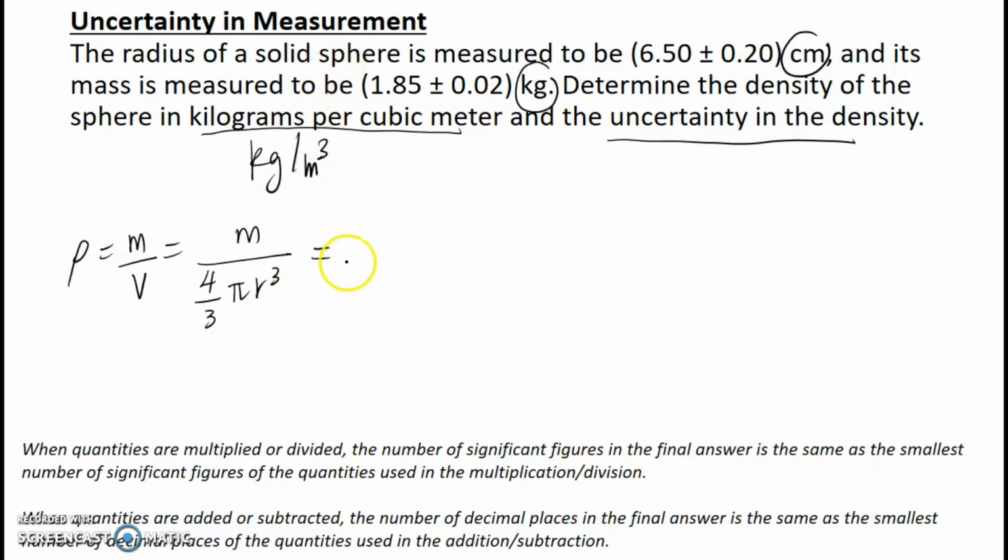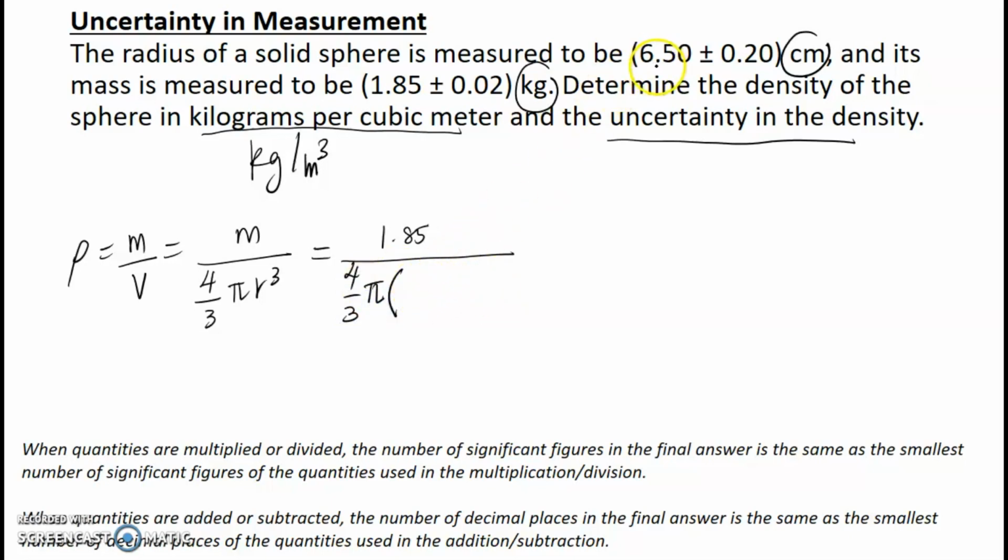Now we can substitute the value. For the mass, it is 1.85 kilogram over 4 over 3 pi multiplied with the radius.